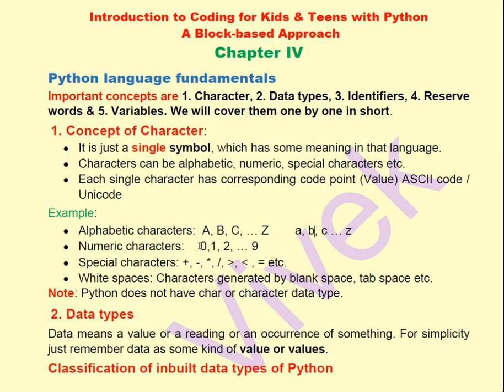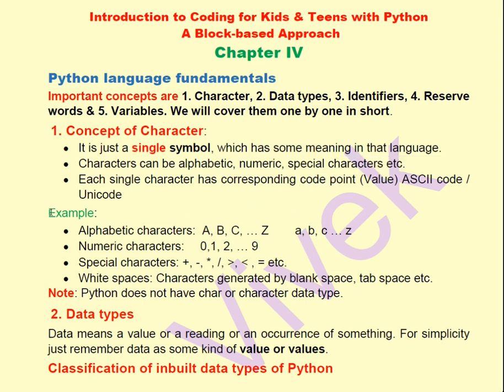The ASCII value for the character 0 is 48. The ASCII or Unicode value for 1 is 49 and so on. So every character, that is a symbol, maybe alphabetic, numeric or special, is associated with a code point, referred to as the ASCII code or nowadays Unicode.